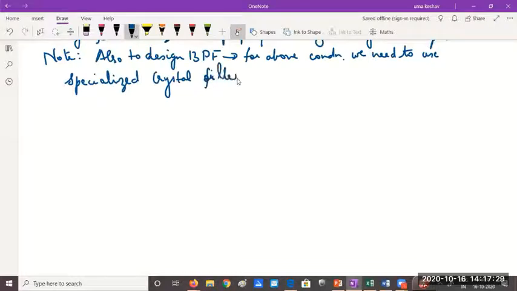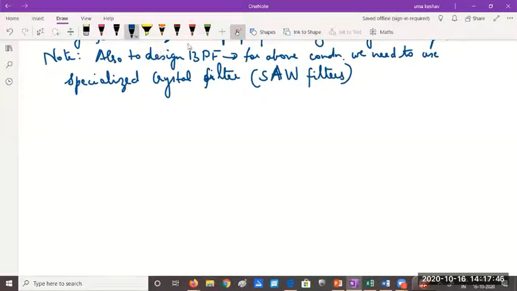Let me say crystal filters, also known as surface acoustic wave filters. They are called SAW filters, surface acoustic wave filters.